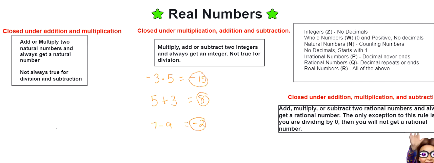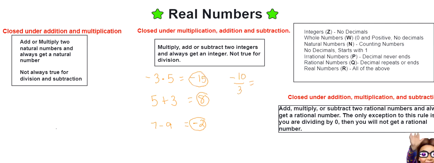And I just did one example, but there's no time when you take two integers and multiply them that you won't get an integer. And same with addition and subtraction. That's why they're closed. Now, if I take an integer divided by an integer, so -10 divided by 3, is that going to be an integer?